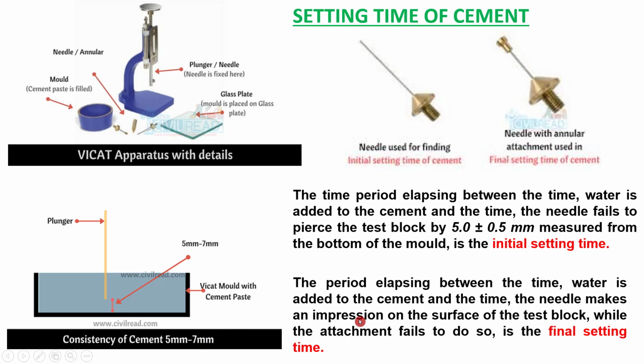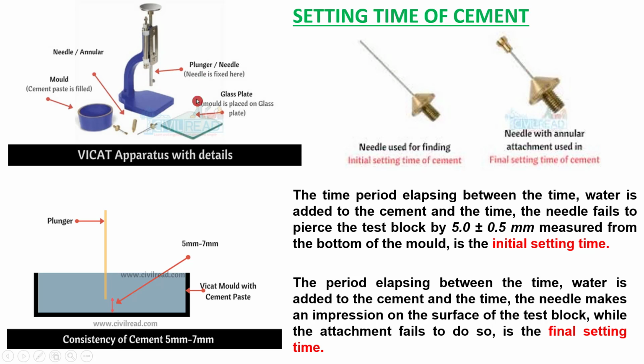Similarly, for the testing of final setting time, the period elapsing between the time water is added to the cement and the time the needle makes an impression on the surface of the test block while the attachment fails to do so is the final setting time. In the second case, we are attaching both the sharpened needle and this attachment, that means with an annular attachment.